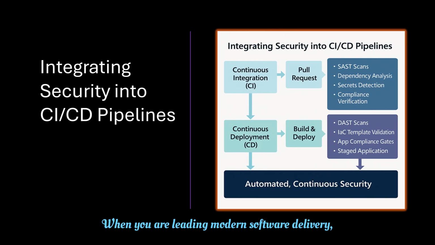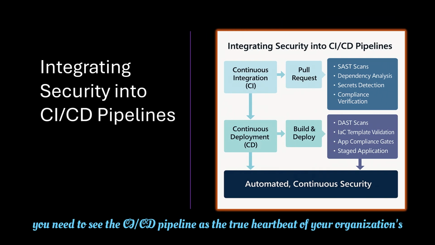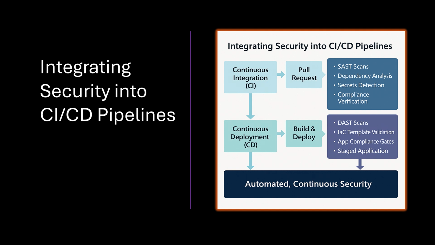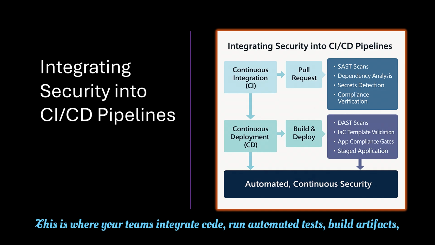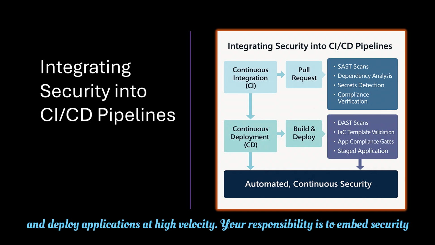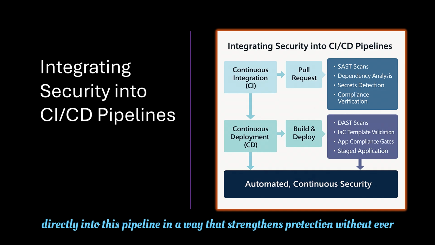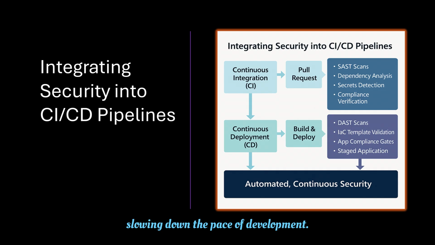When you are leading modern software delivery, you need to see the CI/CD pipeline as the true heartbeat of your organization's innovation. This is where your teams integrate code, run automated tests, build artifacts, and deploy applications at high velocity. Your responsibility is to embed security directly into this pipeline in a way that strengthens protection without ever slowing down the pace of development.